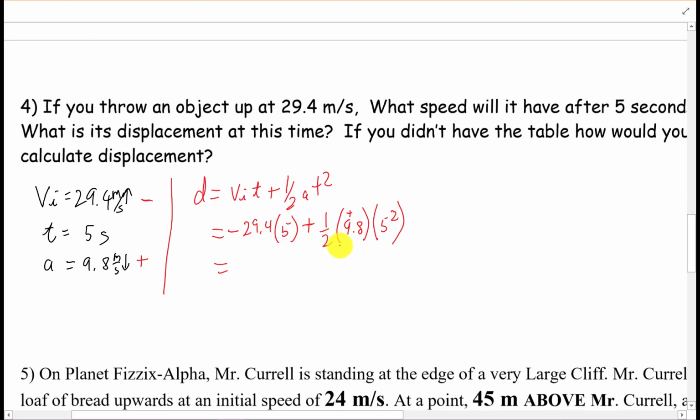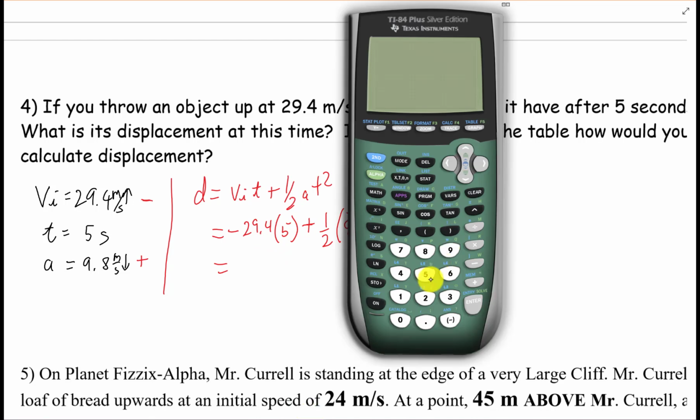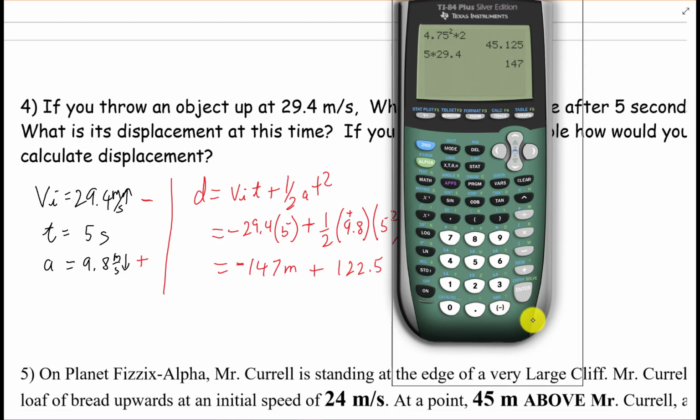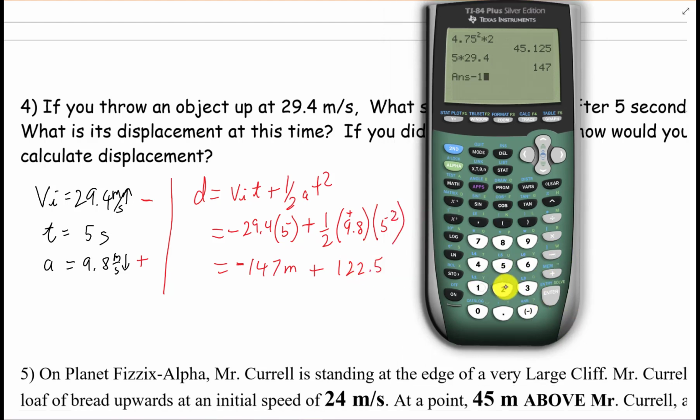So 5 times 29.4, 147, and that will be negative, plus, and this is 122.5, so I have to subtract these, negative 122.5.